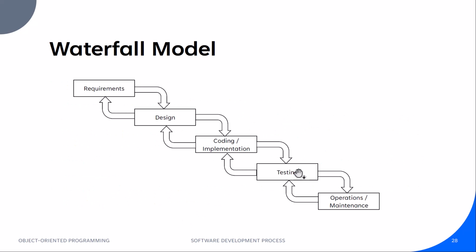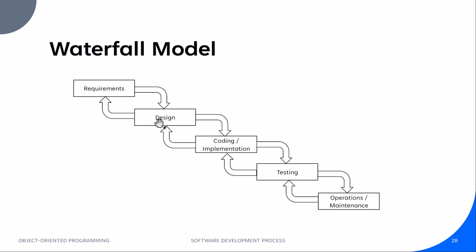Let's say we identify an error during the testing phase. Then we may go back to the coding phase, and in our software code, we fix that problem, and then we are going to test our newly revised version of our software. Let's say during our coding phase, we identify an error related to the design.